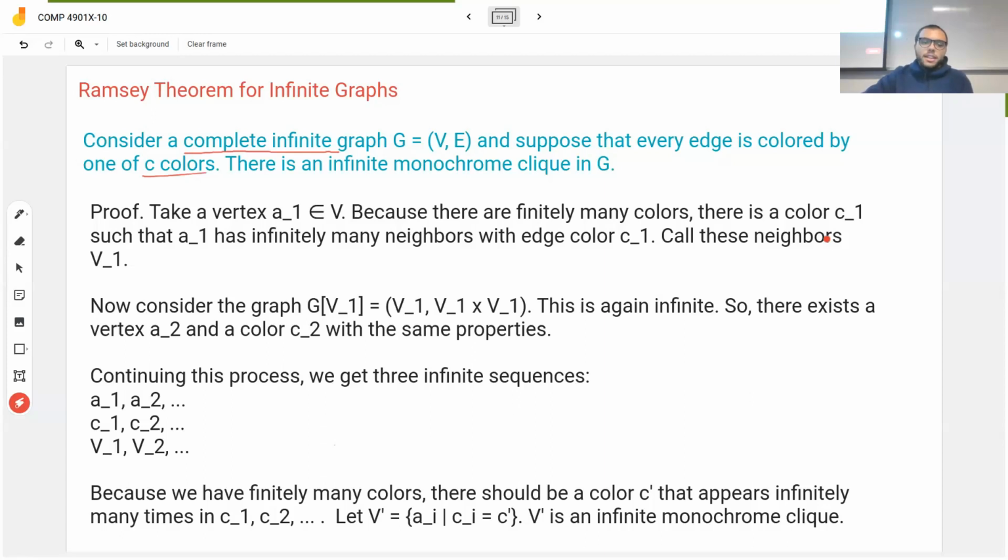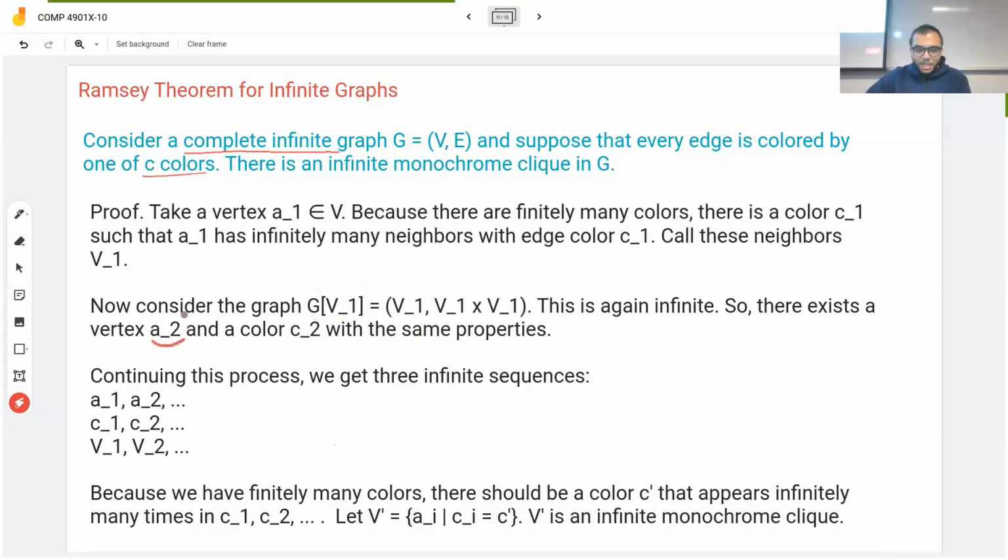Now, I'm just going to remove all of my other vertices. I'm only keeping V1 and getting rid of all the other vertices in my graph. So I look at the induced subgraph on V1, G of V1. This is also a complete graph because our original graph was a complete graph. Now I do the same thing again. This is an infinite graph.